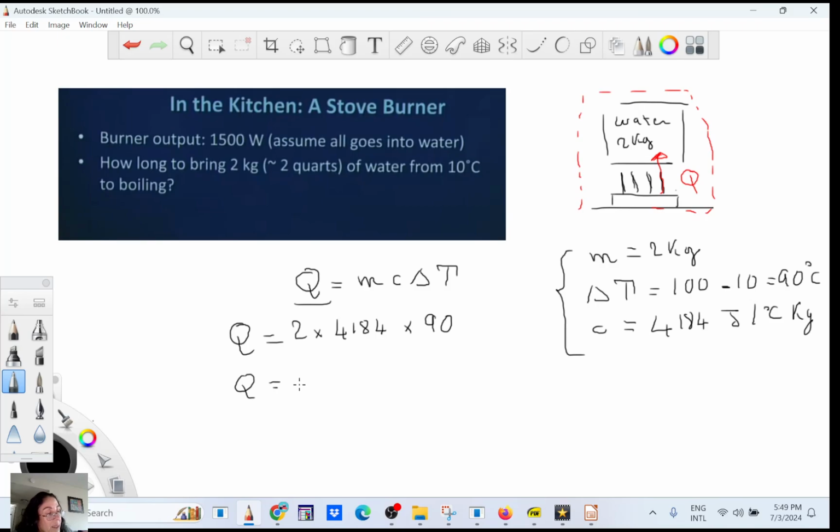So if you do the computation, I think it's going to be 7.5 times 10 to the 5 joule.